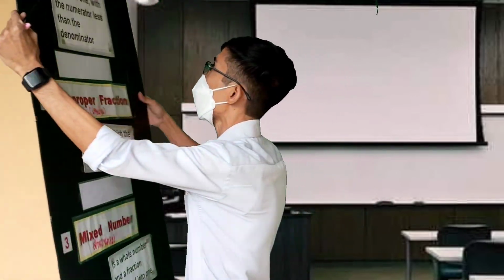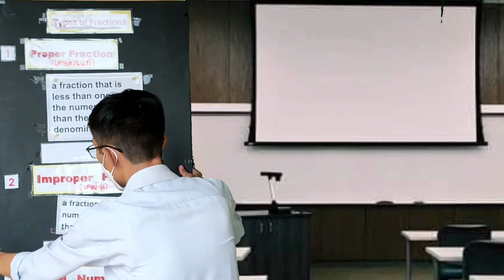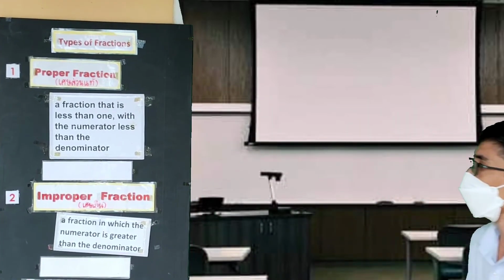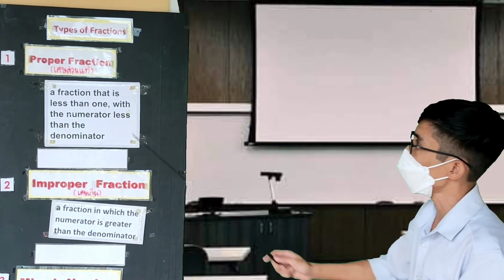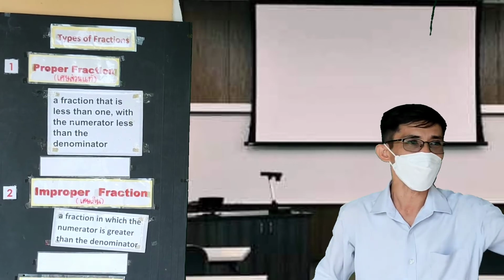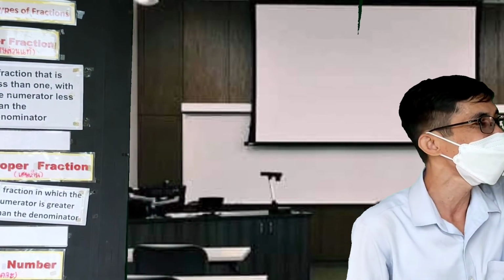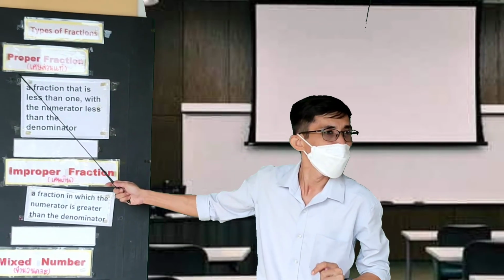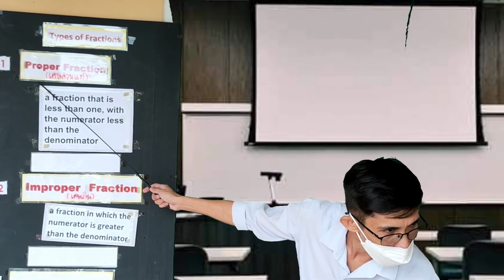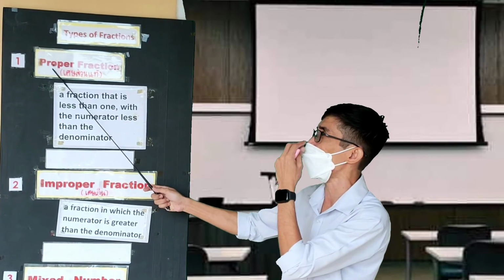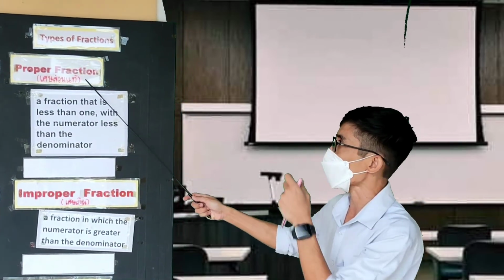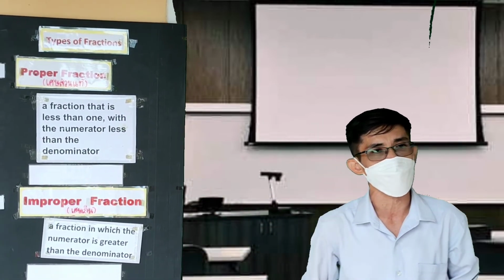Let's also review the different types of fractions. We have here 3 types of fractions. Who can read number 1? Anyone? Okay, Jason, please stand up. Please read number 1. Okay, very good. We have the proper fraction. So what is a proper fraction?